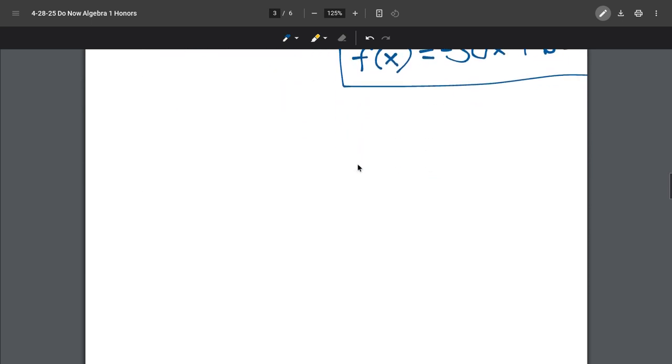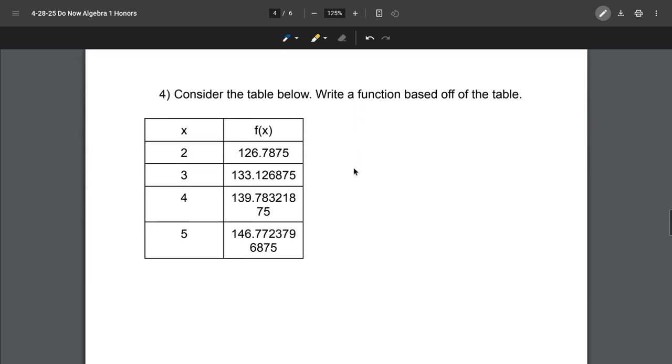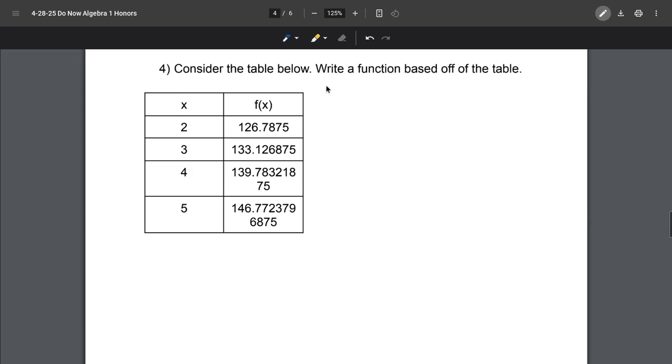Okay, let's keep going. Let's look at problem 4. We're considering the table below, and we're writing a function based off the table. So I'm looking, as I go up, at the change here. If I take 133.126875 minus 126.7875, that's 6.33.